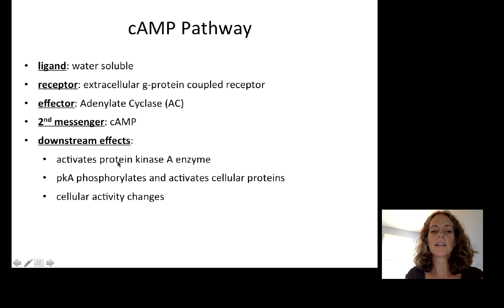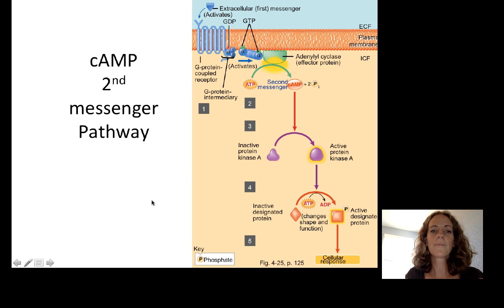This enzyme, protein kinase A, can phosphorylate or add phosphate bonds to other cellular proteins. Those other cellular proteins then can make many other changes. For example, it could add a ton of receptors to the membrane. It could cause secretion in the cell. It could activate certain processes or enzymes within the cell. Ultimately, that causes many changes in the activity inside the cell.